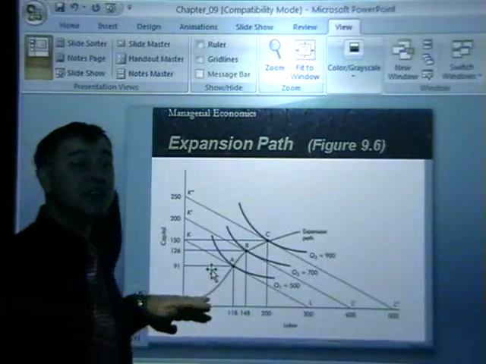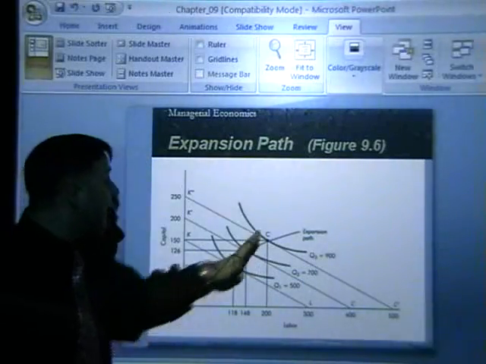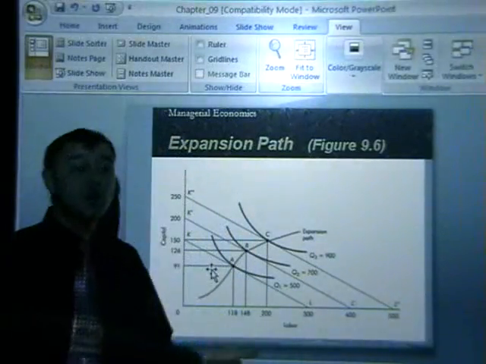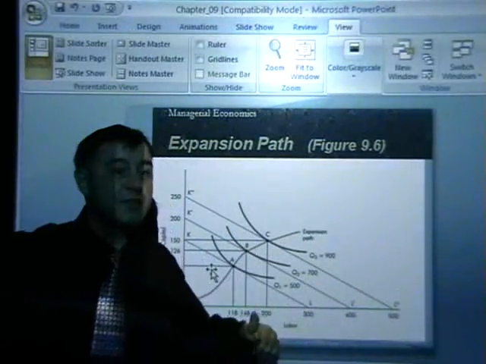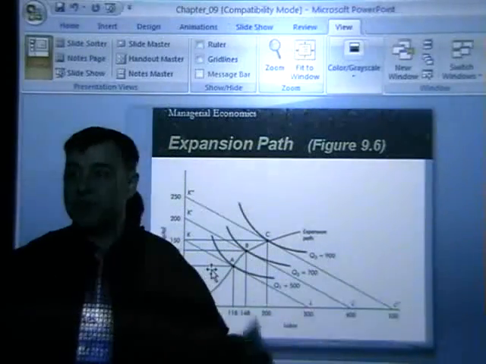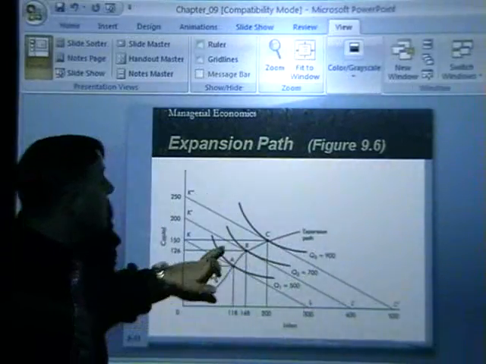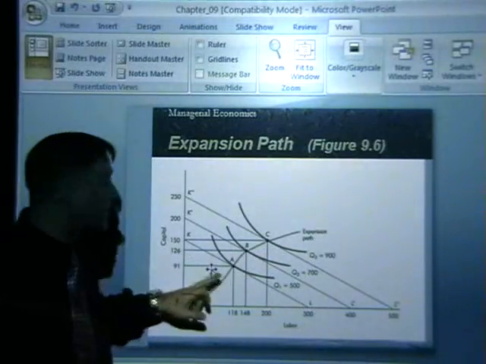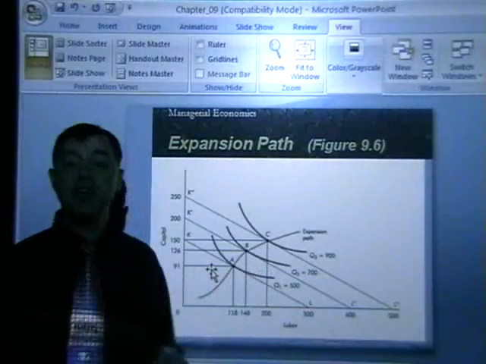So it may be that early on, the optimality in the expansion path is to hire more and more professors. Then it will be, well, we've had enough professors now. If we want to continue expanding, we have to expand with more and more buildings, premises, rooms, etc. So it is not necessary. The expansion path shows you the optimal quantity of labor and capital for each quantity of output.